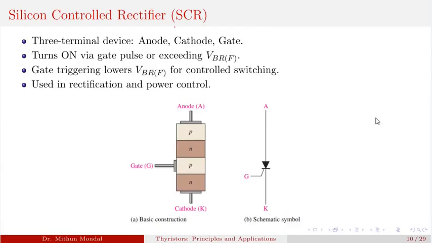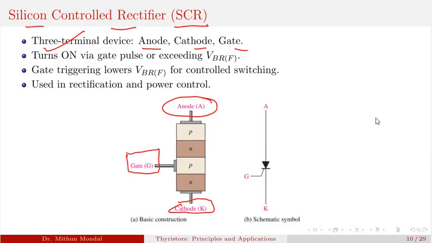Let us move to the SCRs, which are silicon controlled rectifiers having three terminals: anode, cathode and the gate. So you have anode and cathode, and there is one more terminal which is the gate terminal. It is again the 4-layer PNPN semiconductor device having three terminals, anode, cathode and gate, and the thyristor will turn on via the gate pulse.